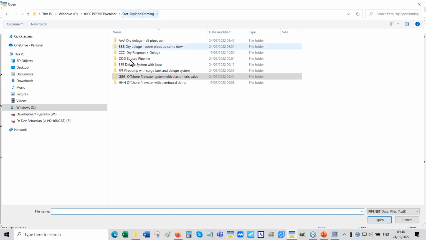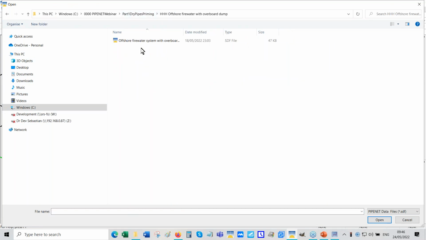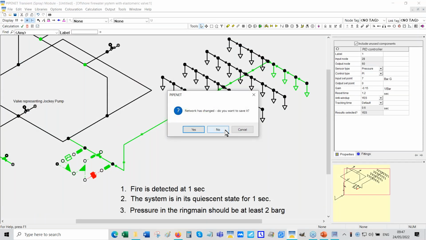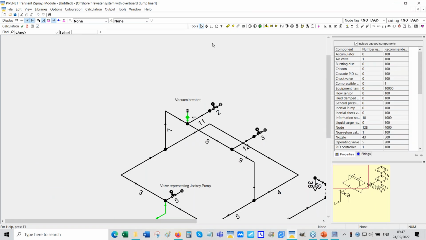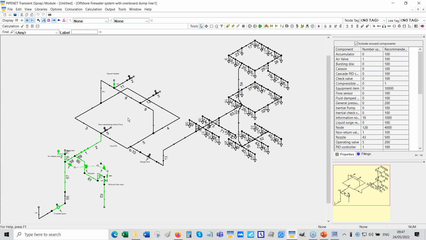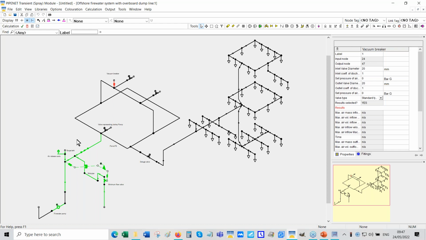Next model I want to show is where you have an overboard dump system. You've got a vacuum breaker valve there. But the focus of attention is this, the overboard dump system, okay?